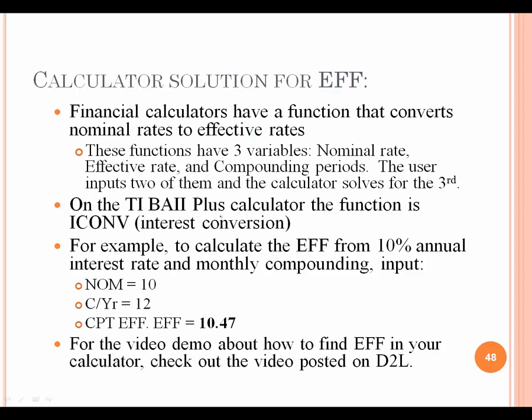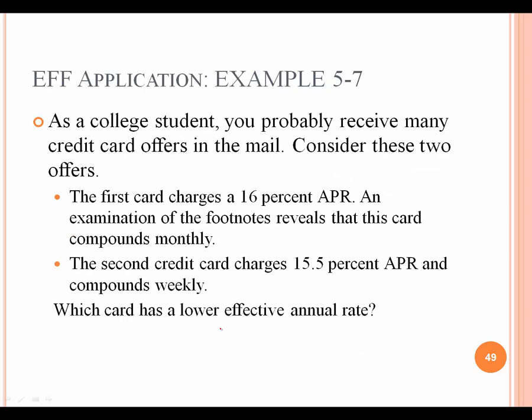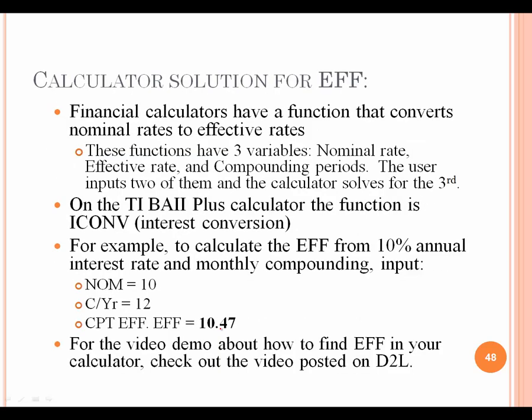You can find that on your calculator, and in the video tutorial there is a part dedicated to using this function to calculate the effective annual rate. If you have a different calculator, like the TI-83, actually it would be even simpler or easier. So again, check out the video for the TI-83 and find out how to use your calculator to calculate the EFF.